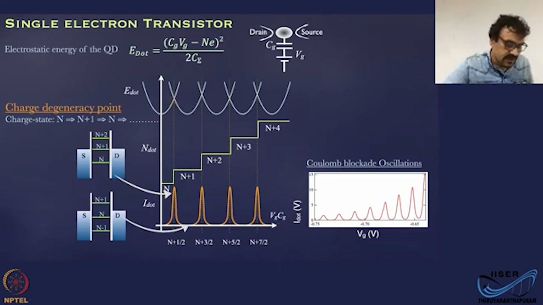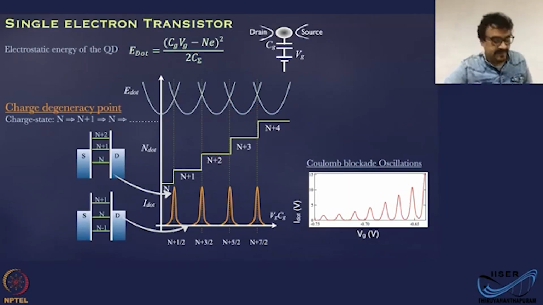So you have this parabola, and at the charge degeneracy point, it is favorable for an electron to go on and off the island, or two charge states are degenerate, or they have the same energy. For example, n and n plus 1 have the same energy at this point. Similarly, n plus 1 and n plus 2 have the same energy at this point, and n plus 2 and n plus 3 have the same energy at this point, and so on.